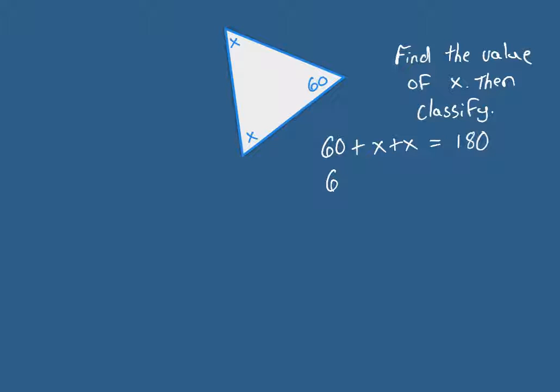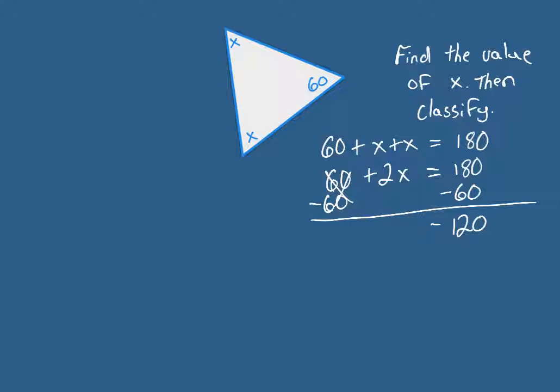Then I'm going to combine my x's. x plus x gives me 2x. Now I'm going to subtract 60 on each side, and that gives me 120. Bring down my 2x. My last step then will be to divide by 2, and I get x equals 60.